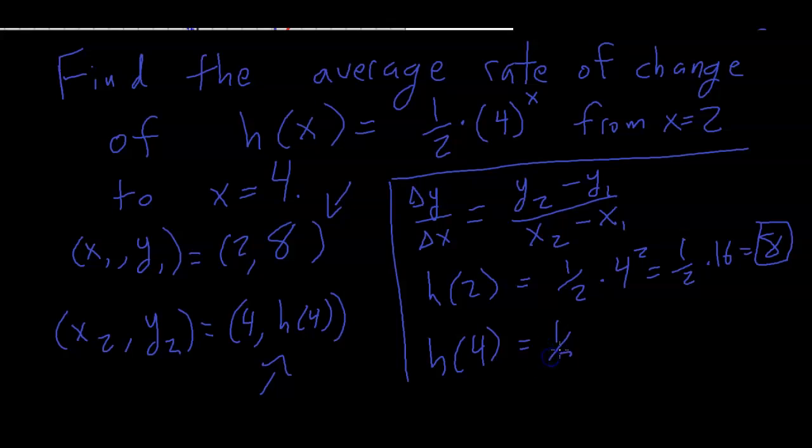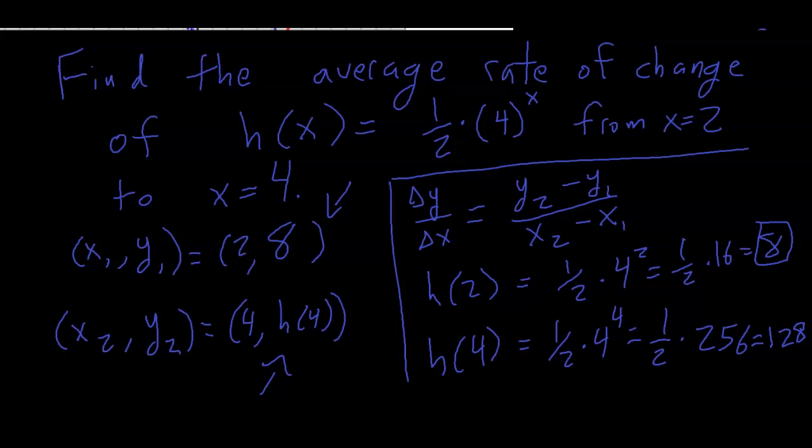So that's going to equal 1/2 times 4 to the 4th power, right? Well, what's that going to equal? That's going to equal 1/2 times 256, right? Which is going to equal 128. It's going to equal positive 128, right?